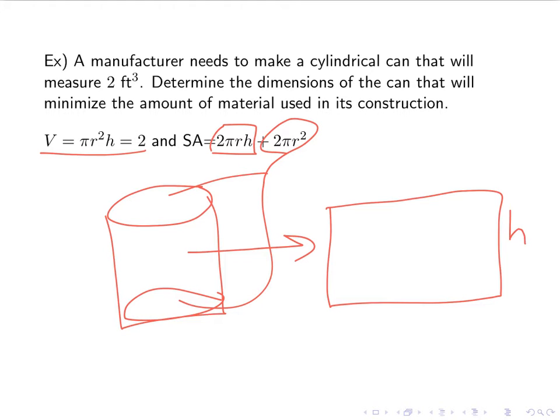The height is the height of the cylinder, which we call h, and the length is the distance around the circle, the circumference, which is 2 pi r. That's how we get 2 pi rh as the surface area around the can, plus the top and the bottom. Don't worry about having to come up with the equations. If it's not a really simple one, I will give it to you. In this case, I would give you the surface area equation.